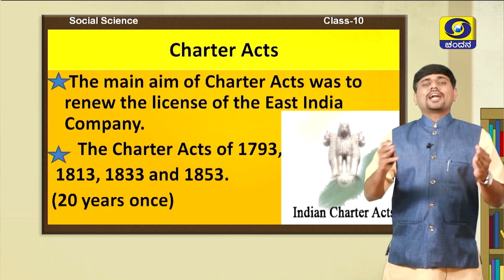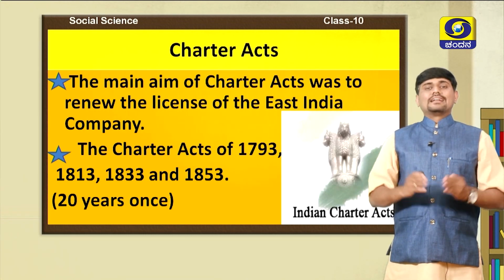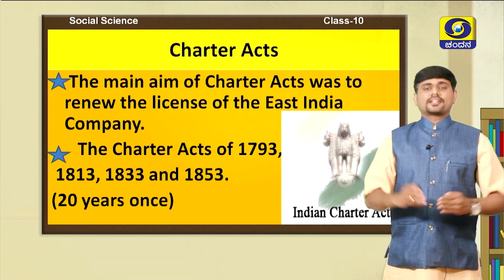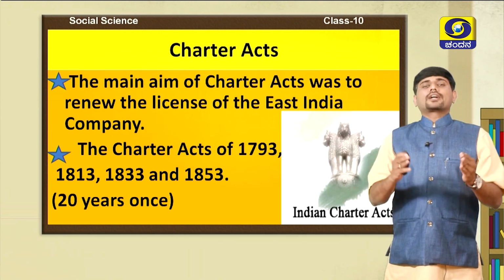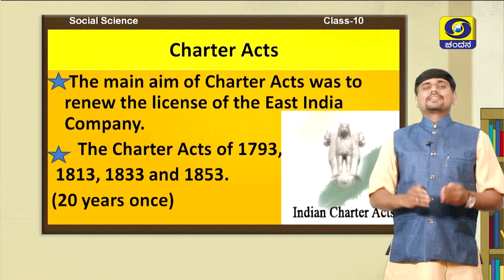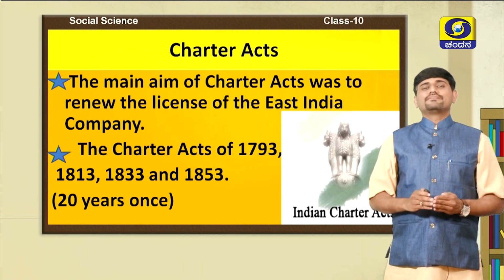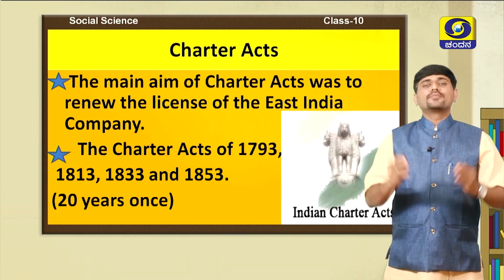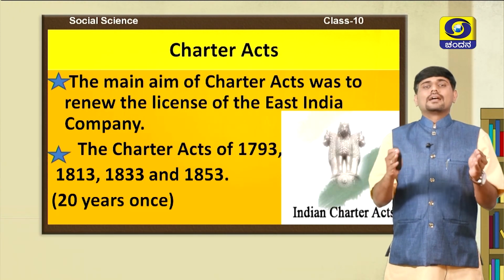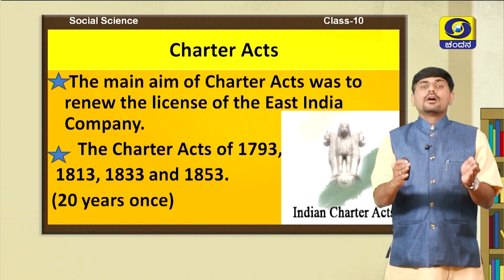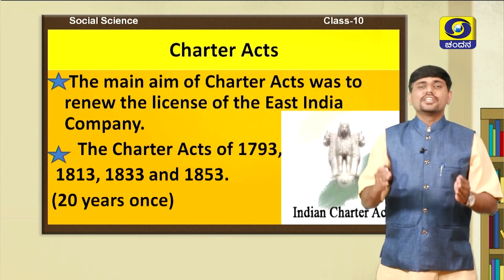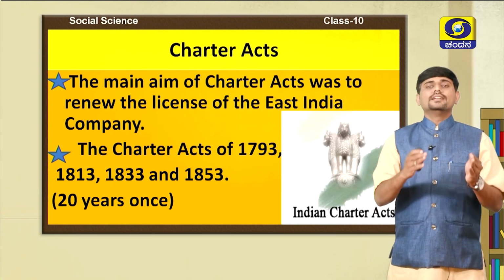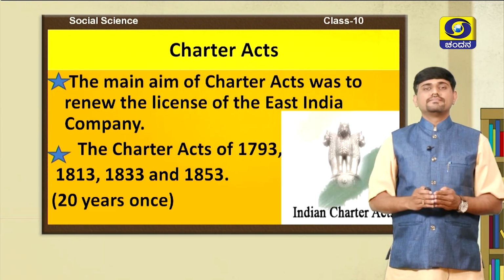There are different types of the Charter Acts: the Charter Act of 1793, the Charter Act of 1813, the Charter Act of 1833, the Charter Act of 1853. Like this, the Charter Acts were introduced once every 20 years in India, right from the year 1793 till the year 1853.